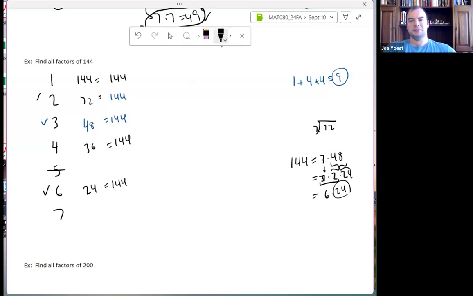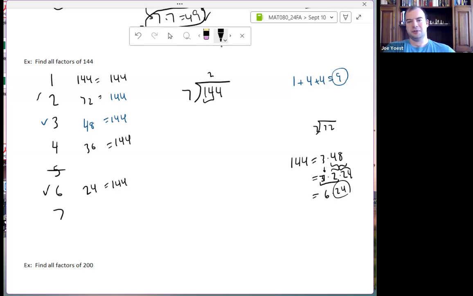I'm just going to divide 144 by 7. If I wanted to, I could do maybe a guess and check. This might be a small enough number that you feel comfortable with that. But I could just divide. So this is a third way that we could approach the problem. We could just do long division and see what happens.